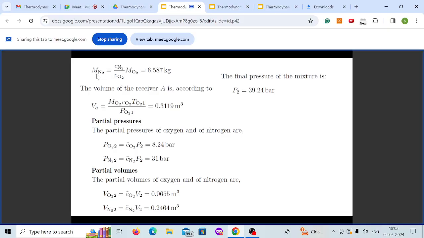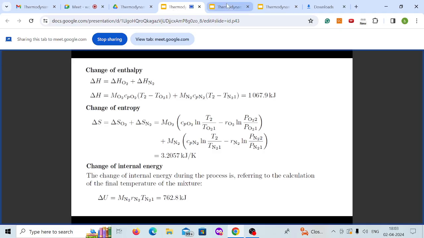The mass of nitrogen divided by its mass fraction gives you the total mass of the mixture. Similarly, the mass of oxygen divided by the mass fraction of oxygen gives the total mass of the mixture. You are just equating those and writing the expression in terms of nitrogen and oxygen. I just wanted to clear that up before starting this week.